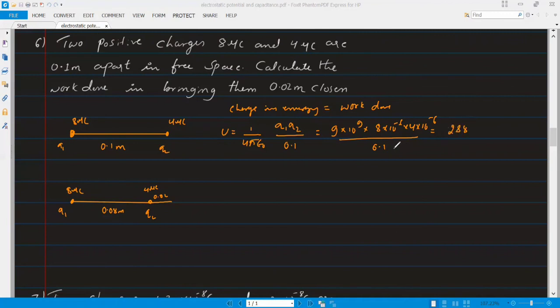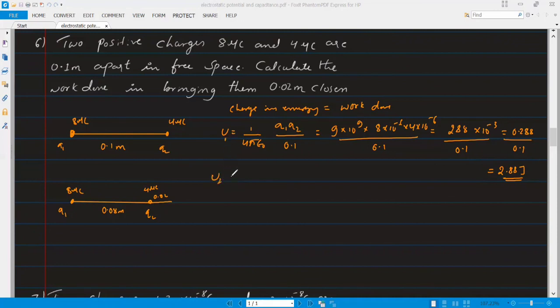So we are left with 10 to the power of minus 3 divided by 0.1. This was nothing but 0.288 divided by 0.1. If I move the decimal, this becomes 2.88 joule. This much energy was there. Now let us solve for another energy, that is U2.